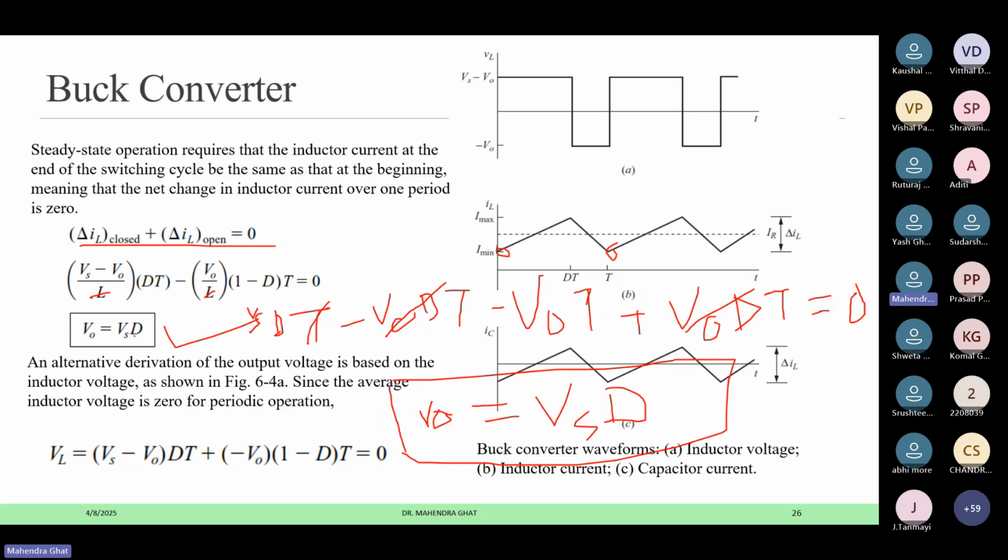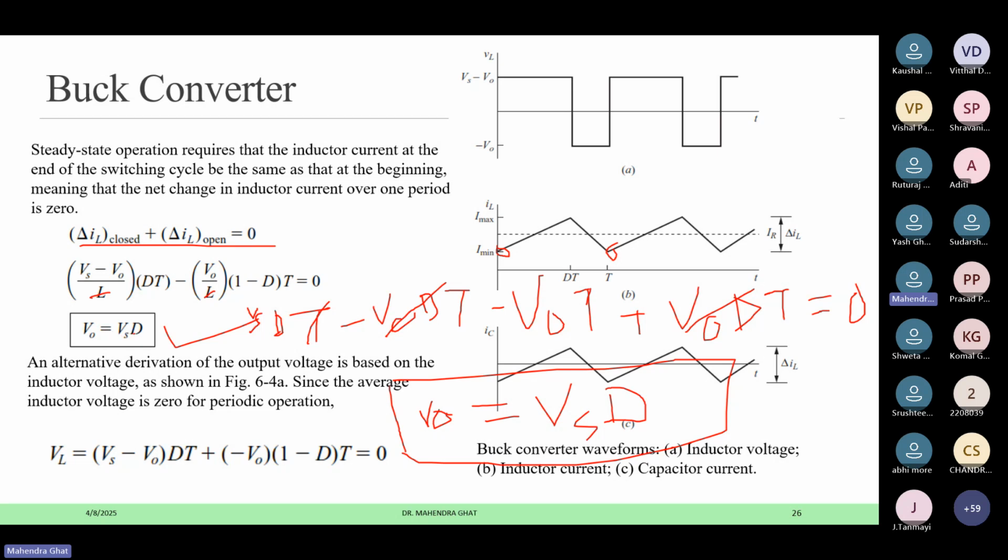As I already said, d will be varying between 0 and 1. When d is equal to 0, the output voltage equals Vs into 0, which is 0. And when d is equal to 1, the output voltage is Vs, which is the input voltage.